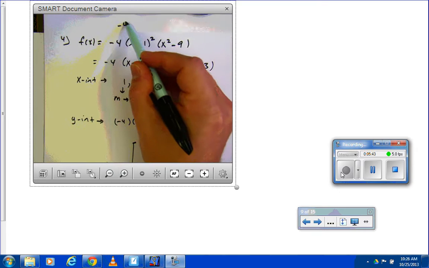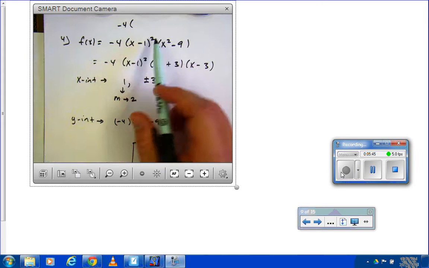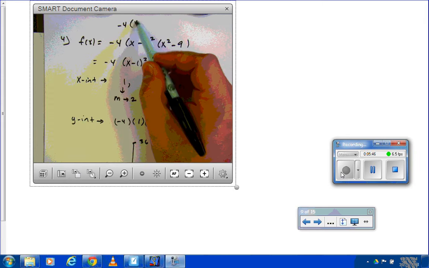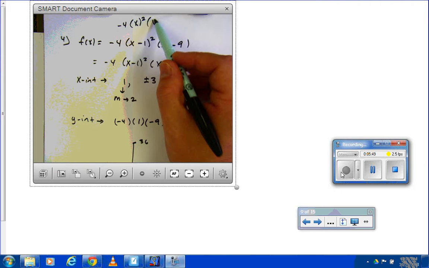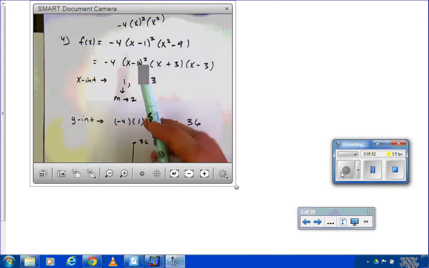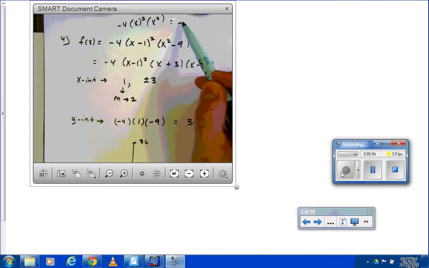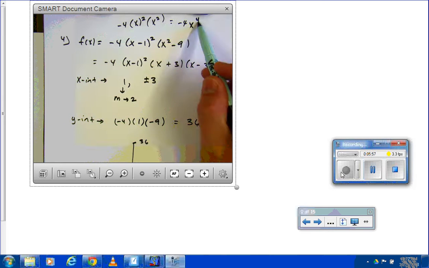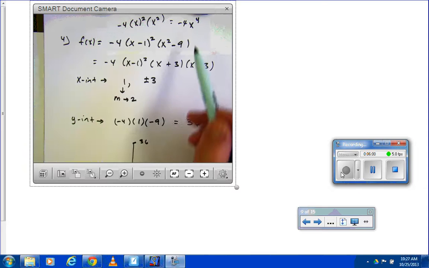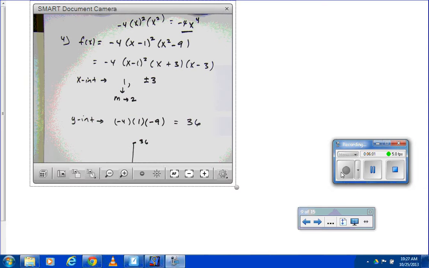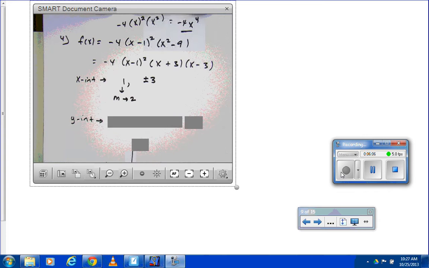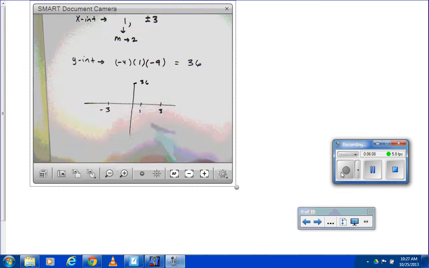So we got negative 4 times x squared times x squared. So that would be negative 4x to the 4th. So that would be the leading coefficient. So if that's the leading coefficient, the end behavior is going to go fall left and fall right.